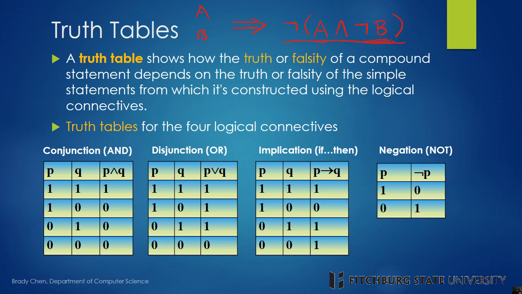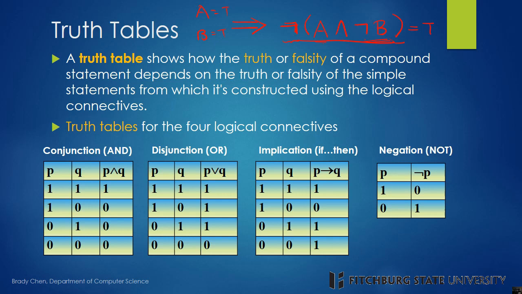So if we put the negation over here, it says it's not the case that John is married and John's wife is not married. That's a true statement. And with our common sense, that's the case.